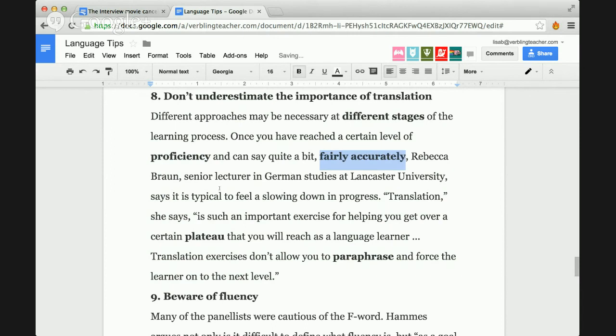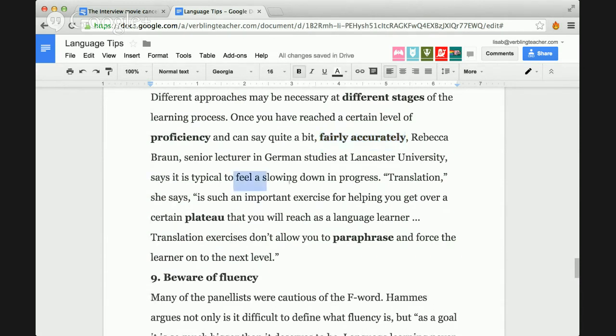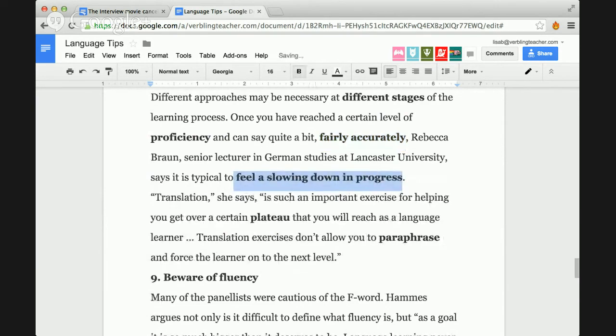She says people often feel a slowing down in progress, so maybe you feel like you've reached a plateau. That's what a plateau is, like a flat line. A plateau is actually like a tabletop or something. We call that a plateau. So you've been going up and up and up, making progress, and now the line has kind of evened out, and now you're just on a flat line.